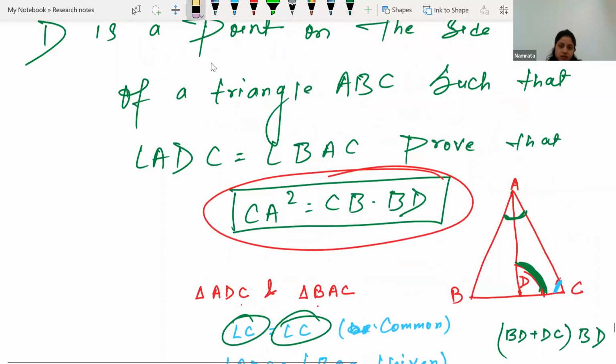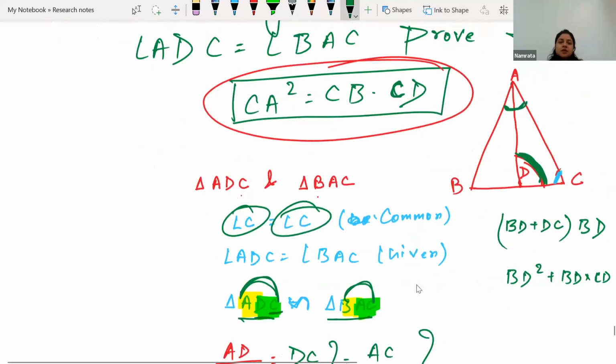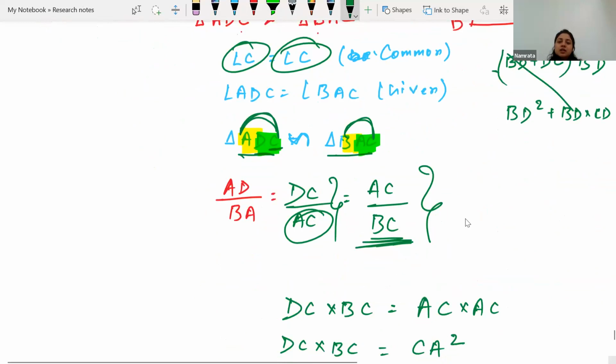What was it asking? CB and, okay, this was not BD, this was CD only. Yeah, so we are done with the proof. CD and BC. Okay, can you see it? BC and CD over here, and we have already got the same, no need to do anything extra.